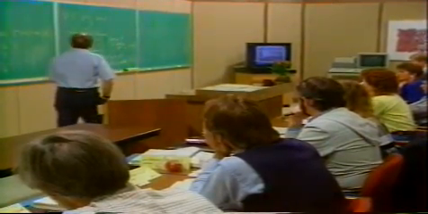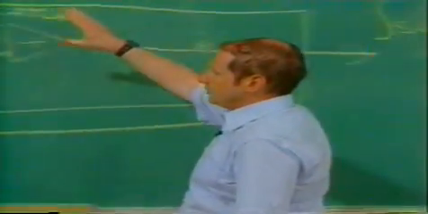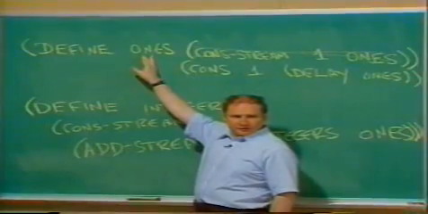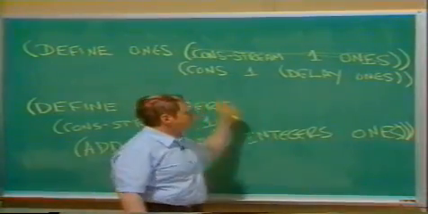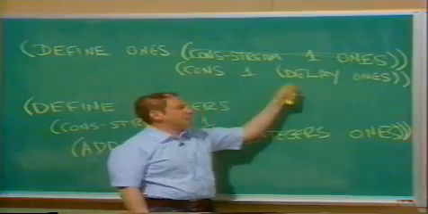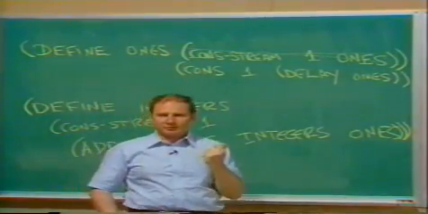Well, is there a way out? We could do that with ones. Over here we did this thing, ones. And we were able to define ones in terms of ones because of this delay that was built inside, because constream had a delay. Now, why is it sensible for constream to be built with this delay?